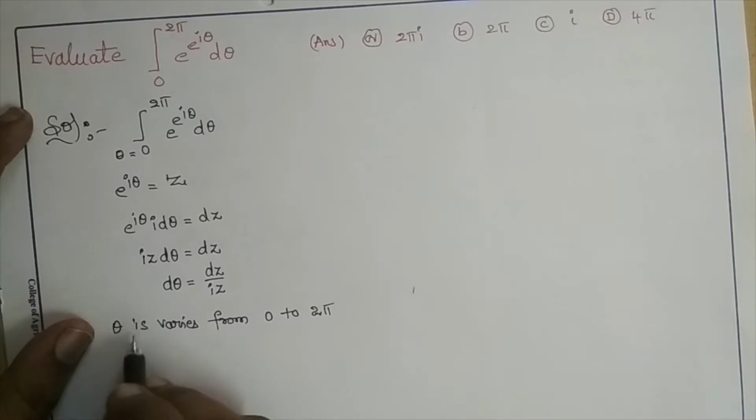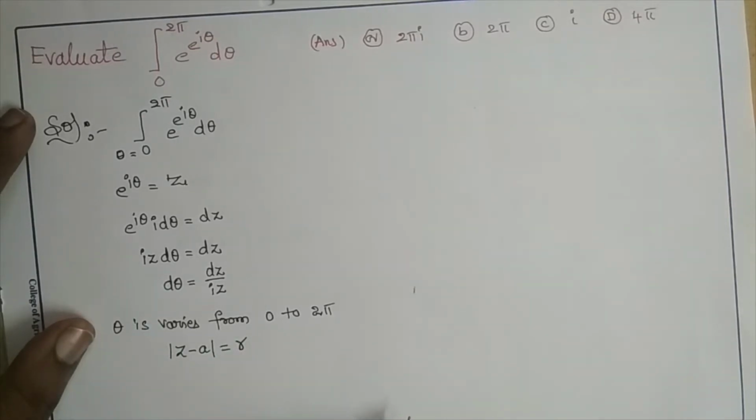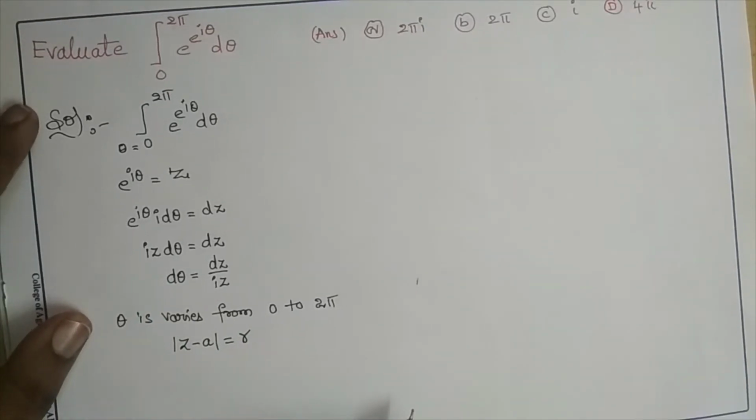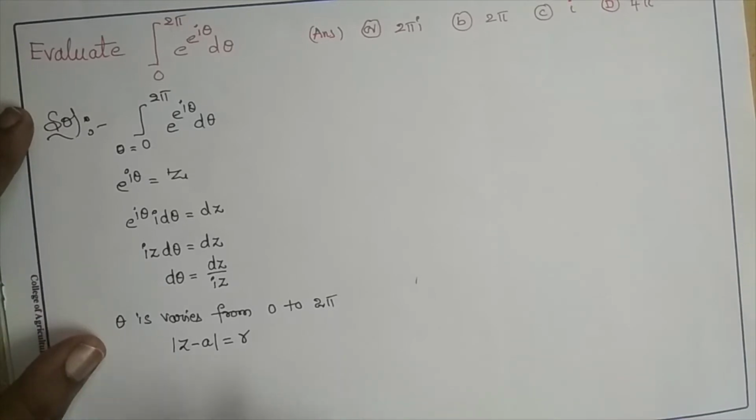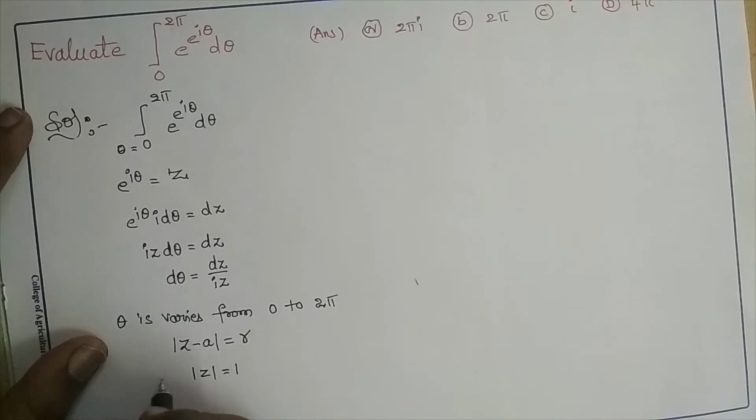In complex theory, the circle can be written as mod of z minus a is equal to r, where a is the center and r is the radius. So it is converted to mod z is equal to 1. The circle can be converted as mod z is equal to 1.